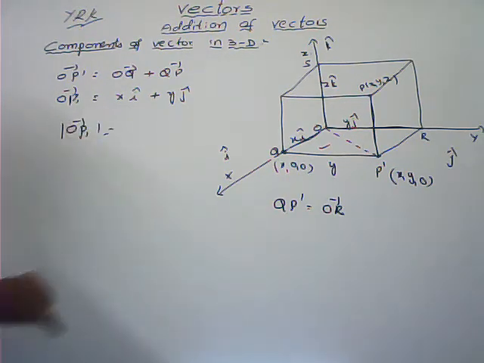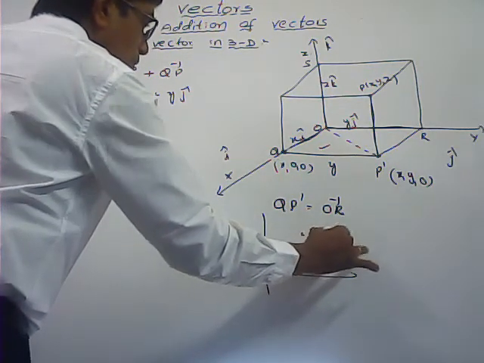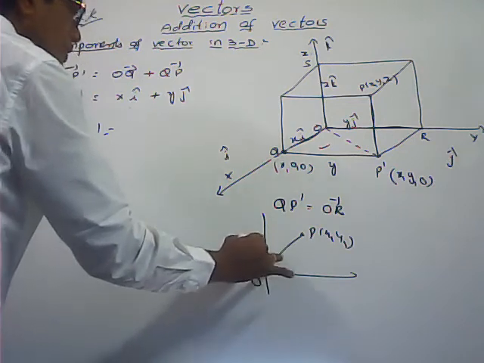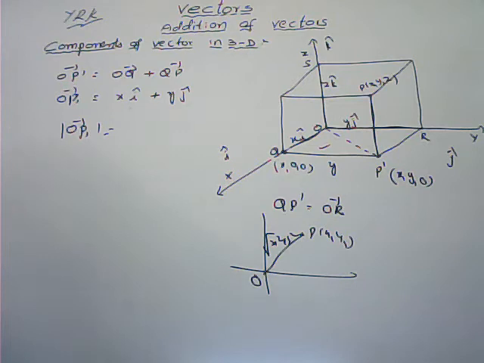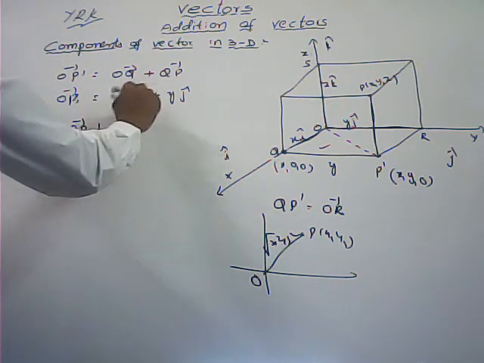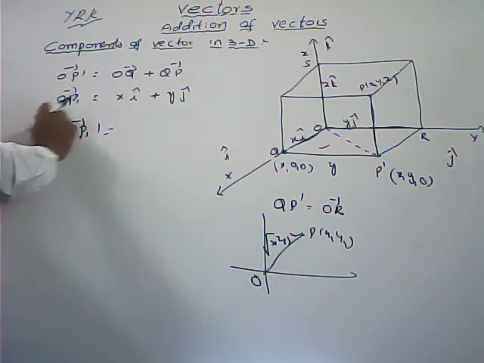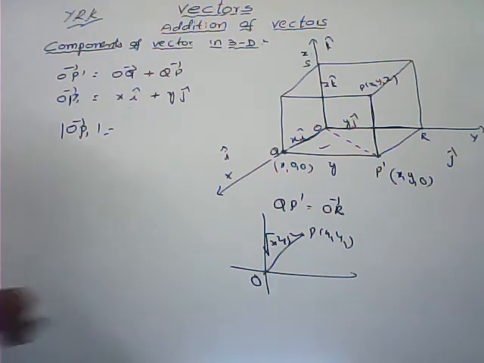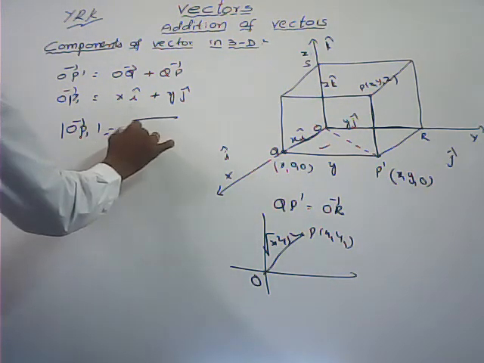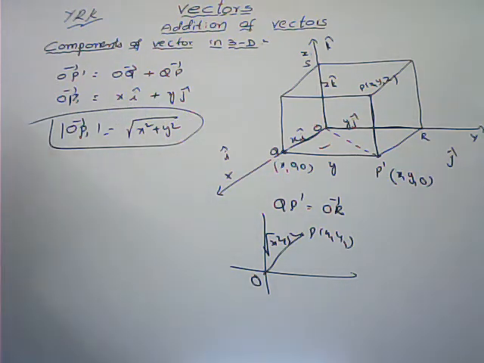In two-dimensional geometry, the distance between two points is root of x square plus y square. Here x i cap plus y j cap is in the xy plane only, so its modulus is the distance from the origin to the point x, y, which is root of x square plus y square. Keep this aside. Next, I want OP bar.